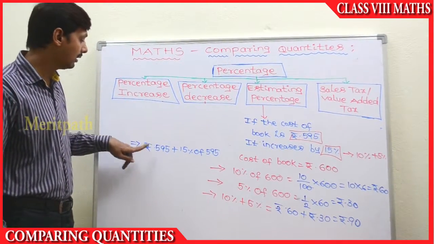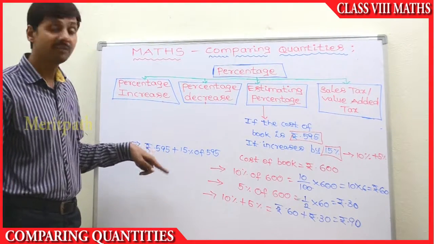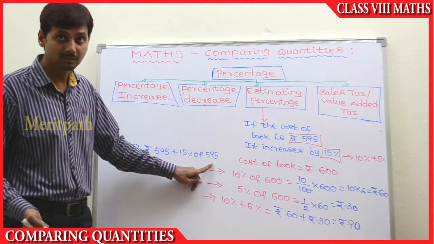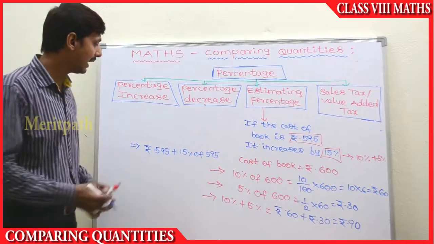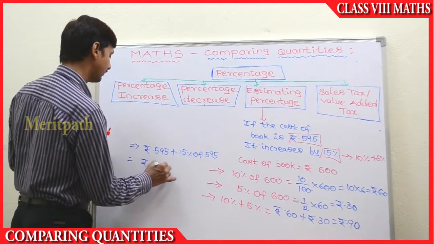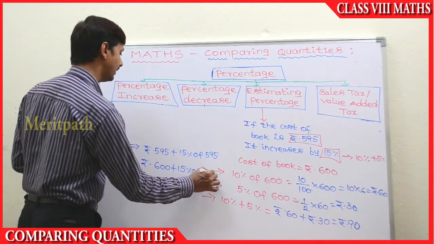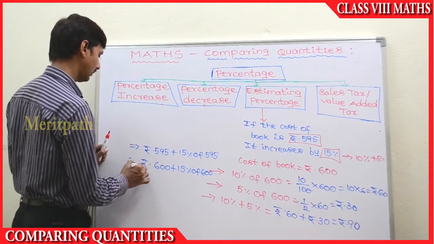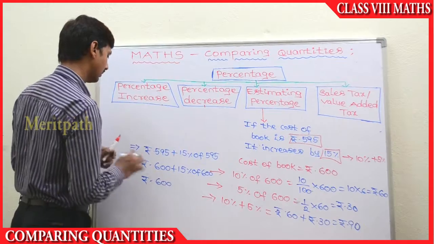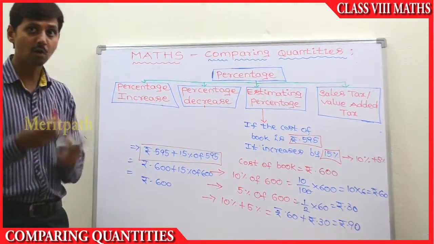So let's recall. 595 is the actual cost of the book and 15% is increased, so plus 15% of 595 rupees. This we have taken as 600 plus 15% of 600 approximately. This is for understanding; actually we have taken it after rounding the number only.